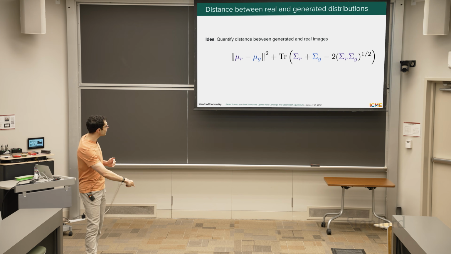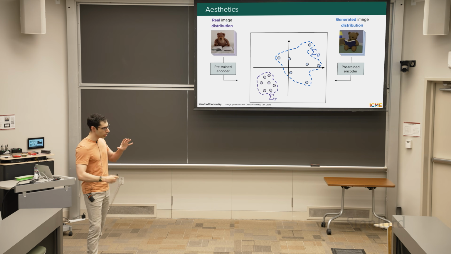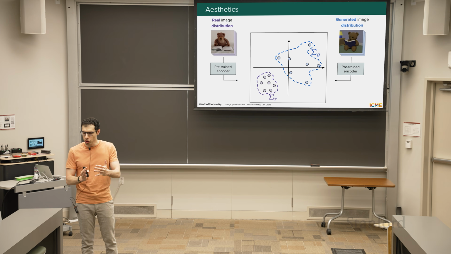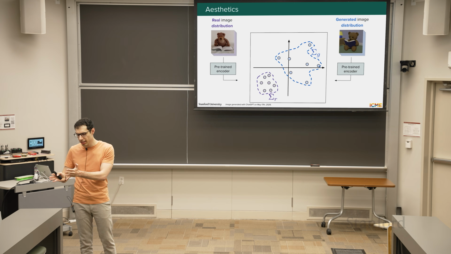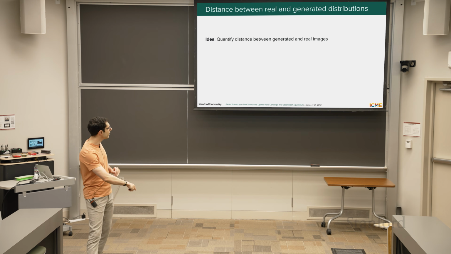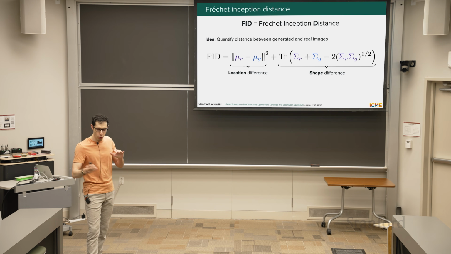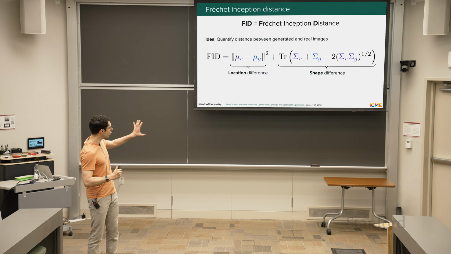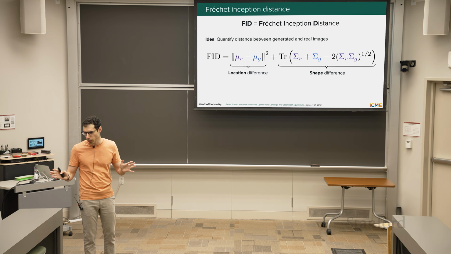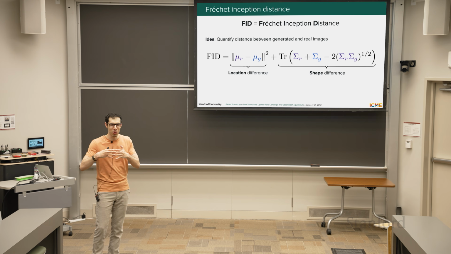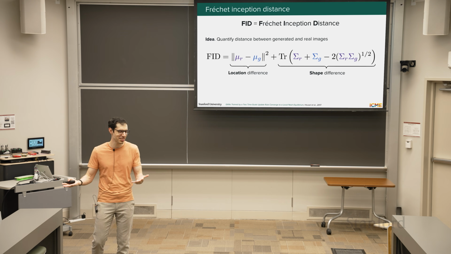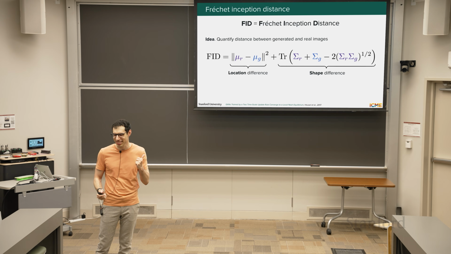What I was saying was, if you assume that your real image distribution and your generated image distribution are each Gaussian, then the quantity I mentioned can be computed with a rather nice closed-form formula. I think this goes into the broader theme of Gaussian distributions simplifying a lot of things, and this is one of those instances.